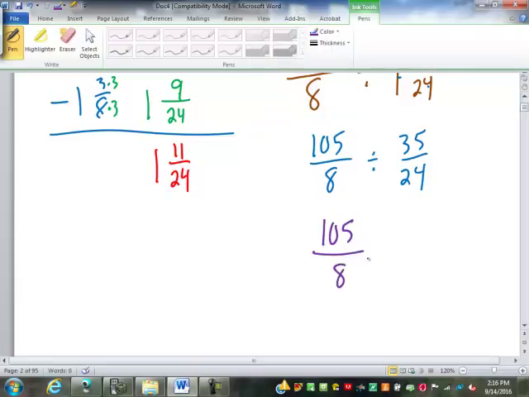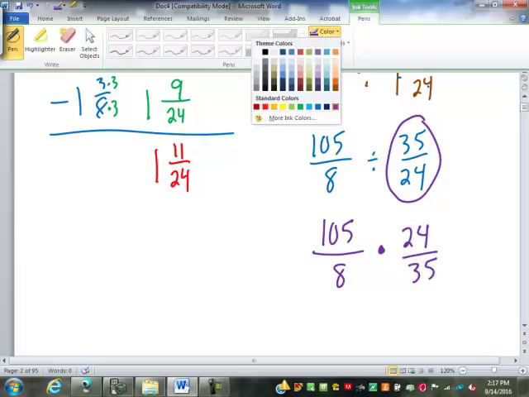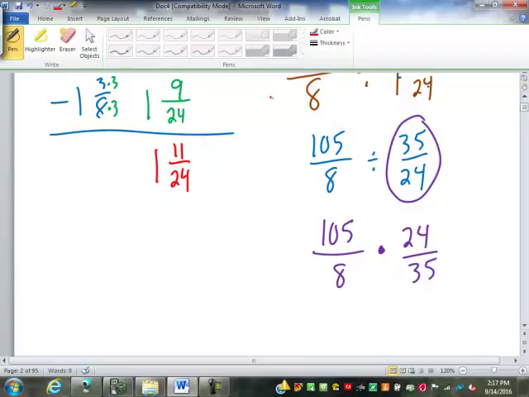The first fraction never changes, 105 over 8. We change it to multiplication by the reciprocal, 24 over 35. Now what? Well, yeah, we can cancel.